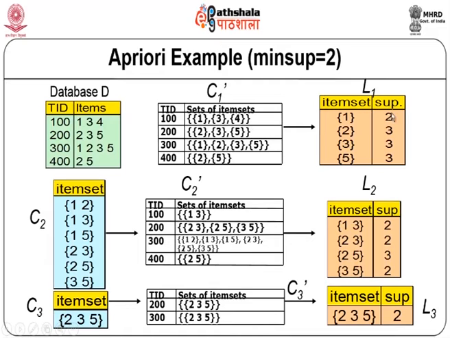So, the number 2 here indicates the occurrence frequency of item 1. Similarly, you will have to calculate the frequency of occurrence for items 2, 3 and 5, which are 3, 3 and 3 respectively. Now, you have generated the candidate items. Here item 4 has occurred only once.